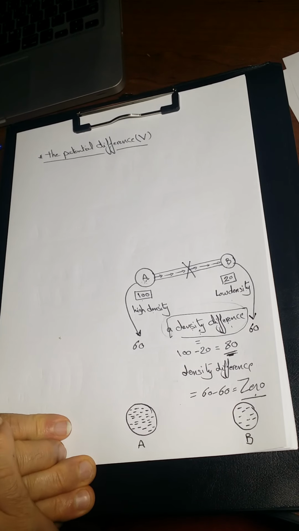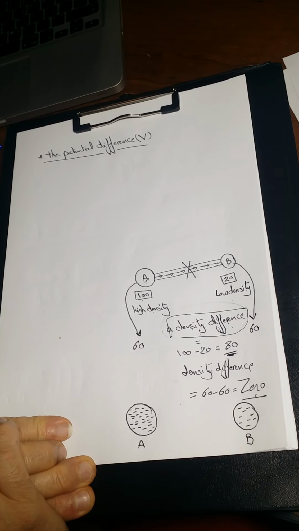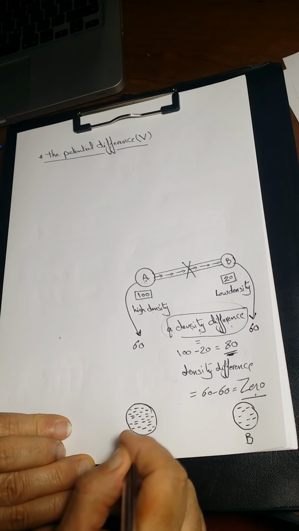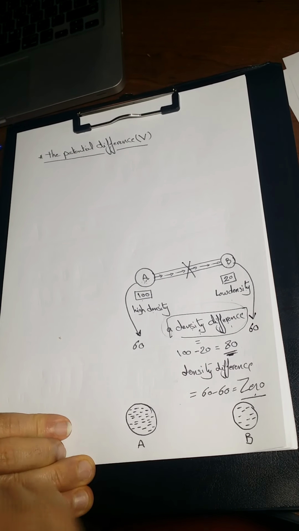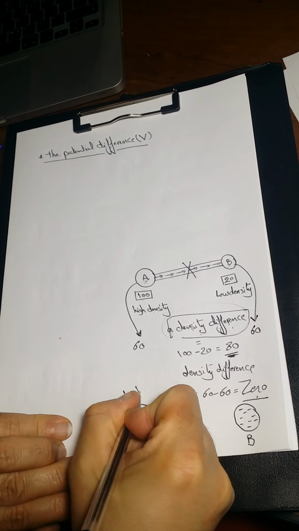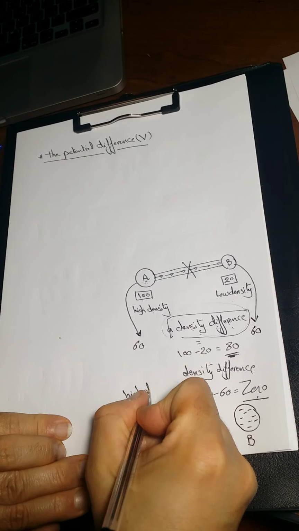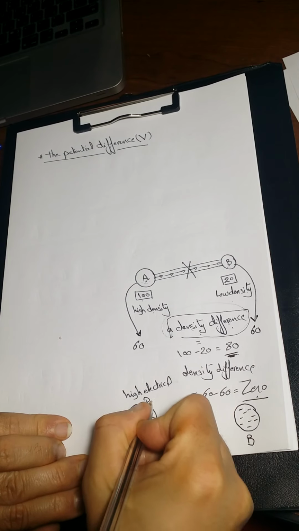From what we can see, which has more electric charges? This one. So here we are going to say that conductor A has high electrical potential.